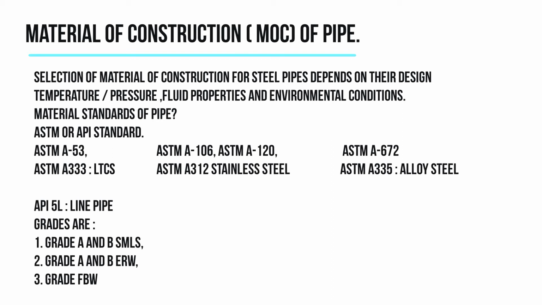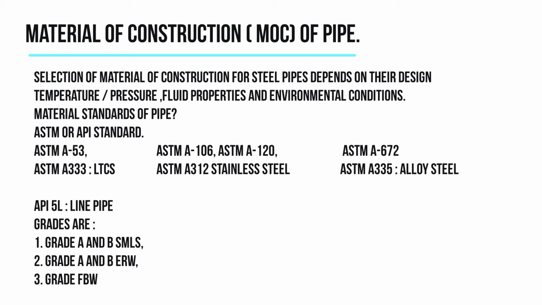You have to select the manufacturing process, and based on that, select the material. You have to check the strength, durability, ductility, machinability and joining method, like when you weld it, what the effects will be. The selected pipe must withstand the conditions of use, especially the pressure, temperature and corrosion conditions. These are the basic things for the selection of pipe material.